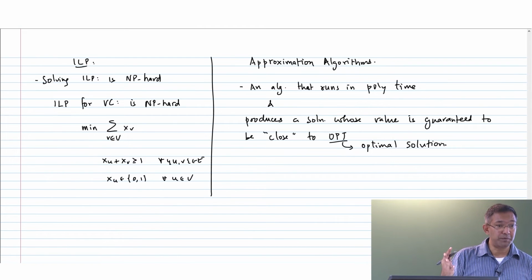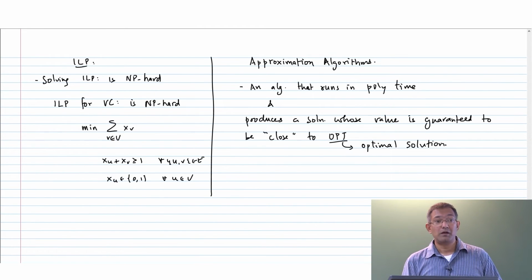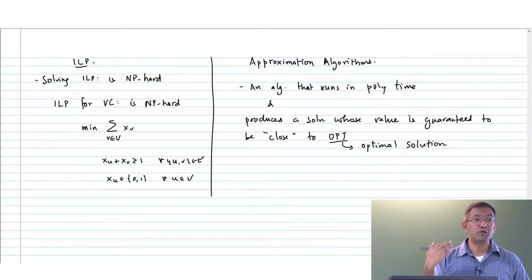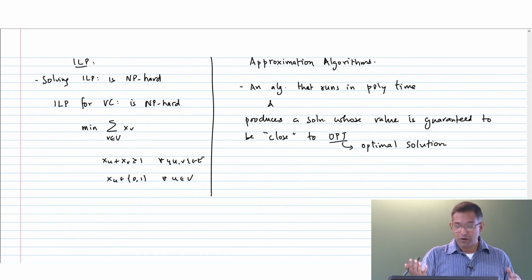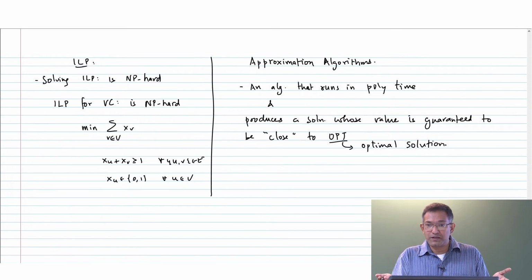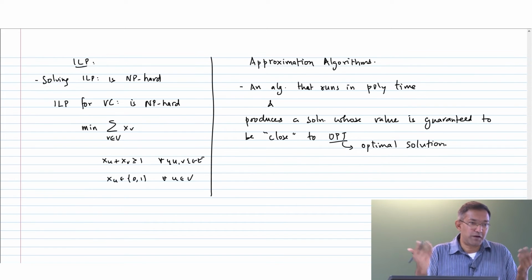Let us use opt to denote the optimal solution. We will abuse notation and use opt also to denote the value of the optimal solution. Opt will denote both the set of vertices in the minimum vertex cover, as well as the value, the number of vertices.